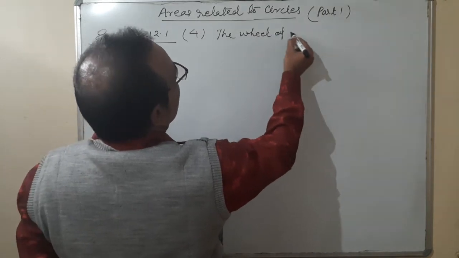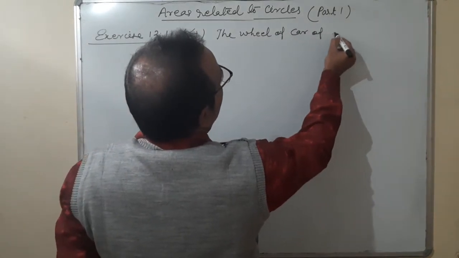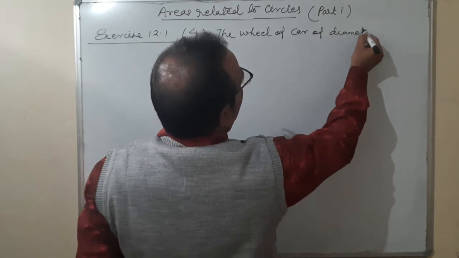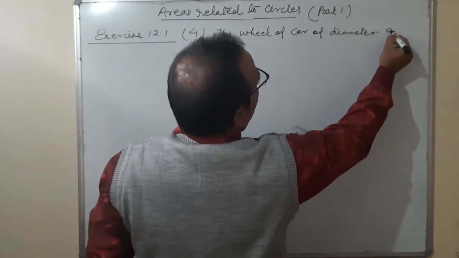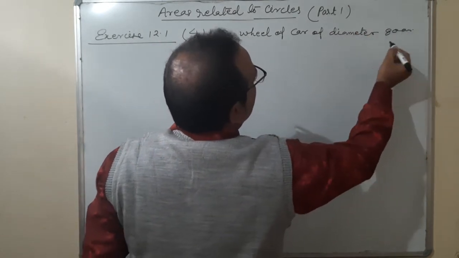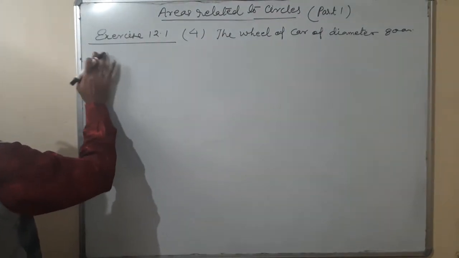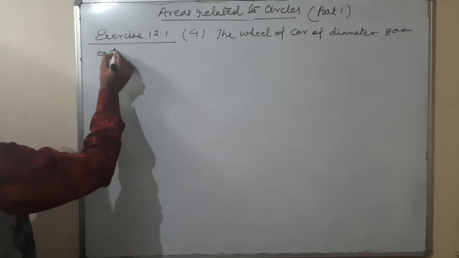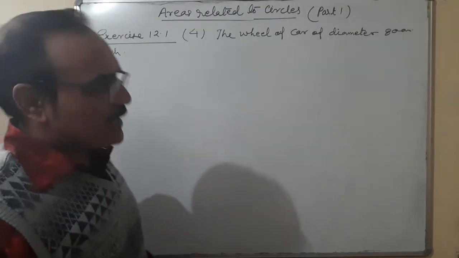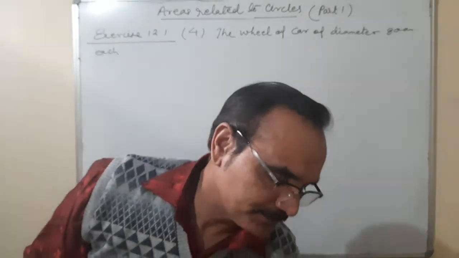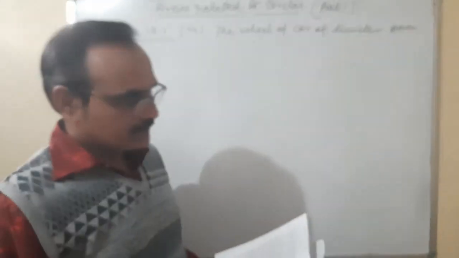The wheel of a car has a diameter of 80 centimeter each. That means the diameter of the wheel of the car is 80 centimeter. How many wheels are there? There are 4 wheels in a car.